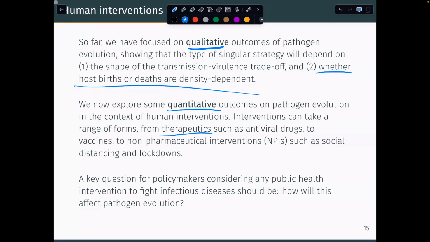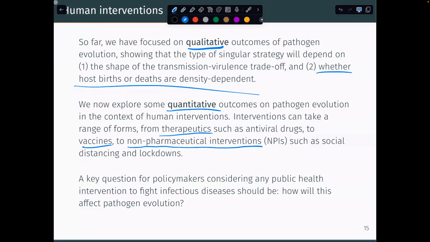We might have vaccines, another type of intervention to try and control infectious diseases. Also, from the pandemic, we saw extensive use of non-pharmaceutical interventions, things like lockdowns, masking, general social distancing. These are all public health interventions to try to minimize the spread of infectious disease.